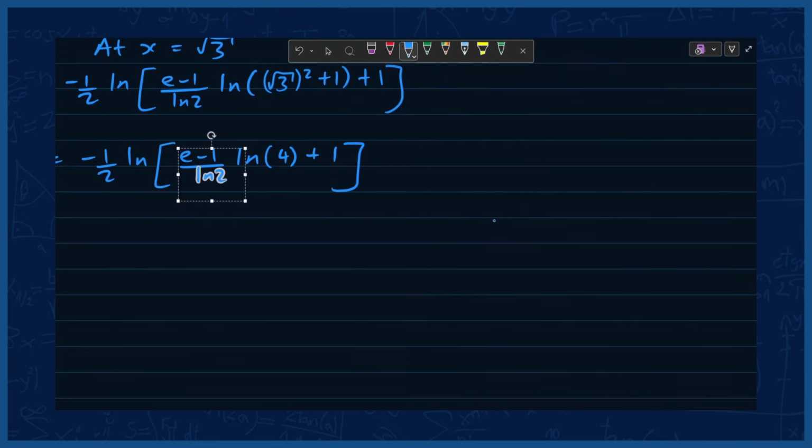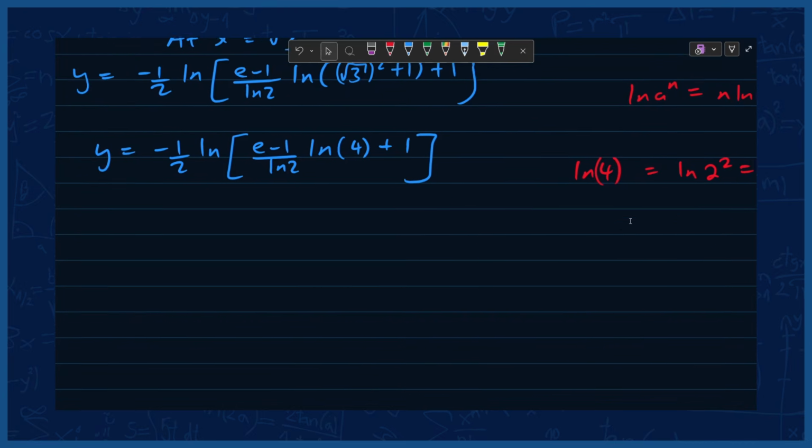Reason being, I can write ln 4 in terms of ln 2. So ln 4, if I want to write this 4 in terms of 2, I know that that is ln 2 squared, because 2 squared is 4. And then this allows me to bring down the power, because I know there's a law of logarithms that says ln a to the n is n ln a. So I know that I can write this as 2 ln 2, right, which would allow me to cancel out the ln 2's.